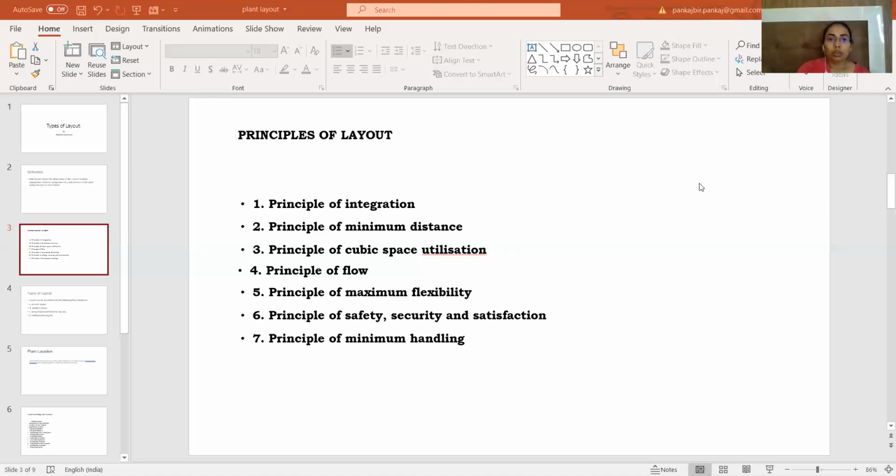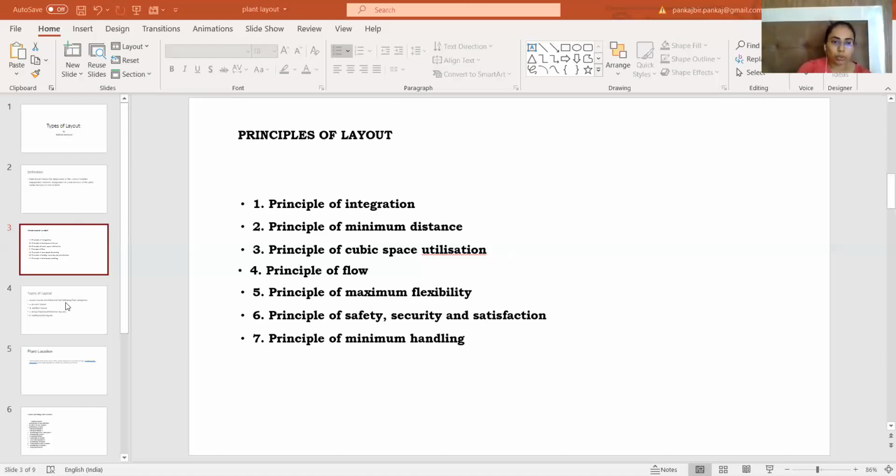When you handle material manually, it may get spoiled or spilled, so there is a chance of wastages. To avoid such wastages, this principle is followed. These are the principles on the basis of which the plant layout is decided.